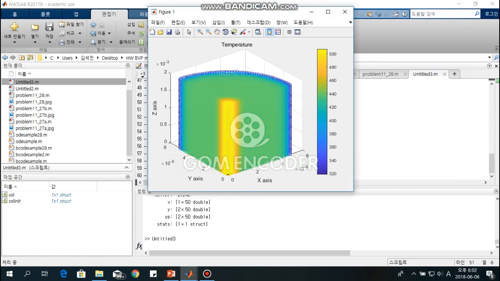Not yet, but from here, there are some points that have higher temperature than the center of the radius.